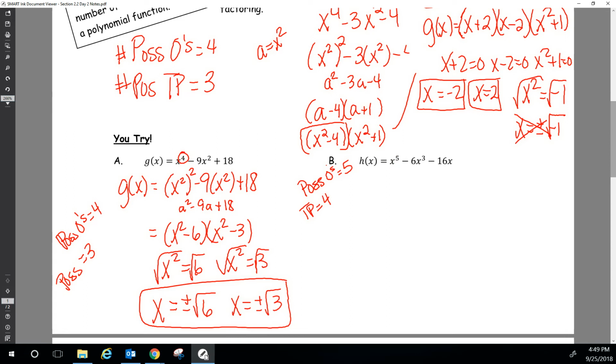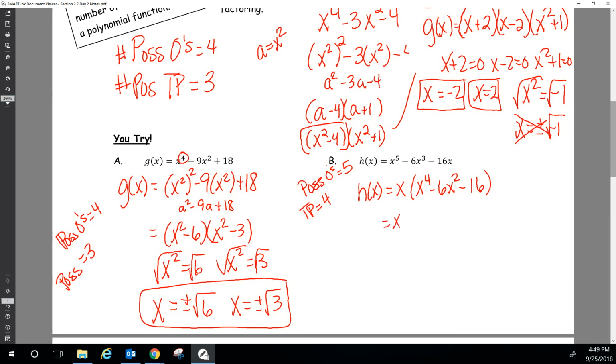All right, for h of x, I can factor out a common factor first. So they all have an x in common, so I pull out the x, and I get x to the 4th minus 6x squared minus 16. And then notice it's going 4, 2, 0, just like these other guys, right? And so now I know I can put it into quadratic form.